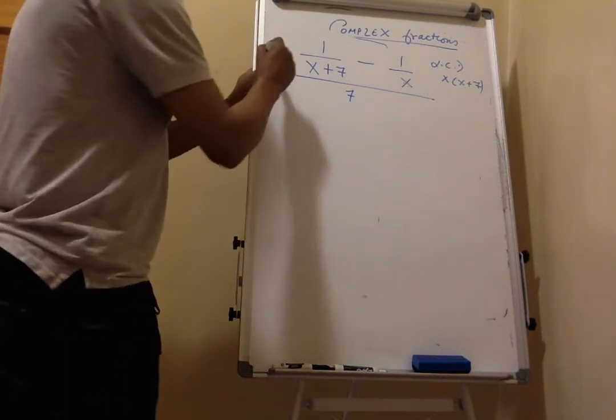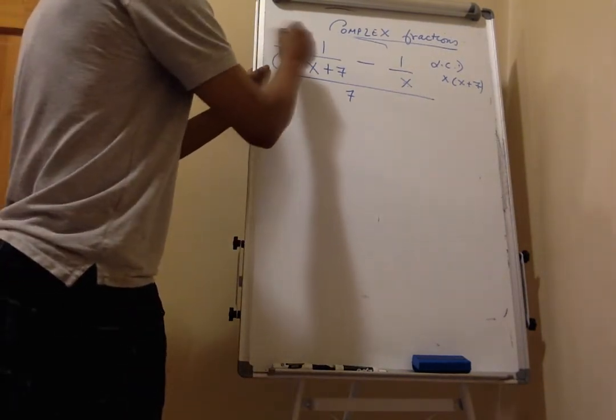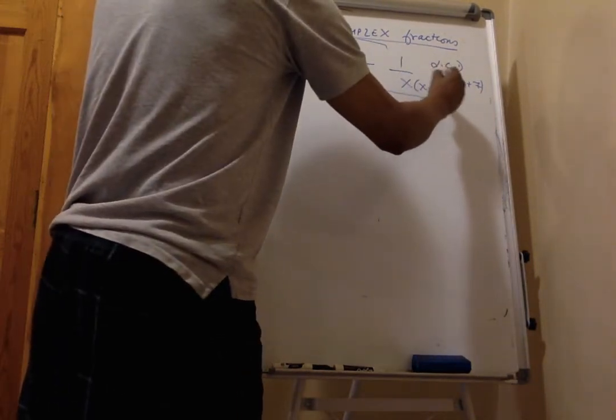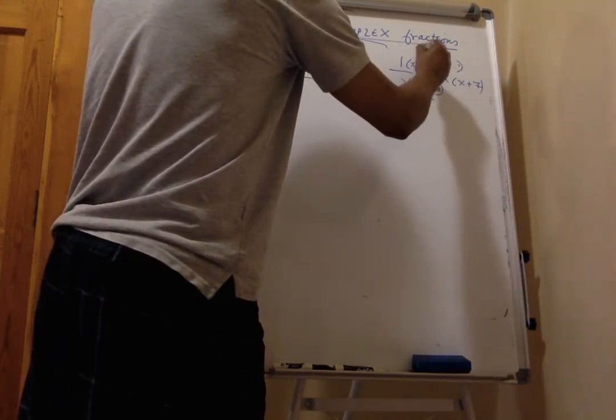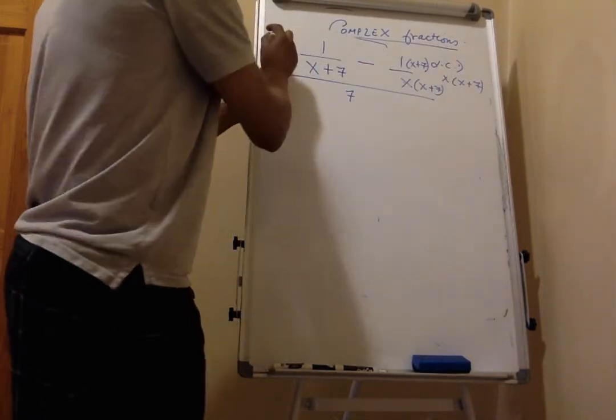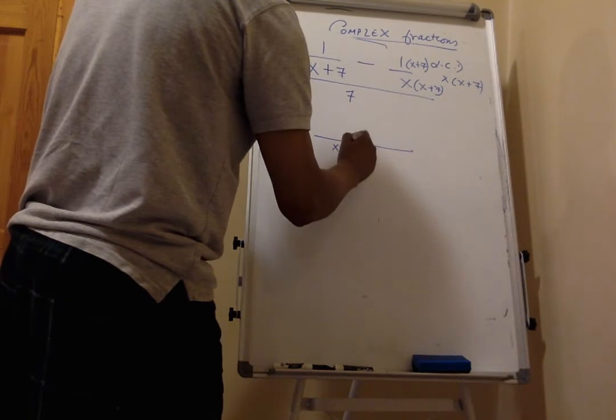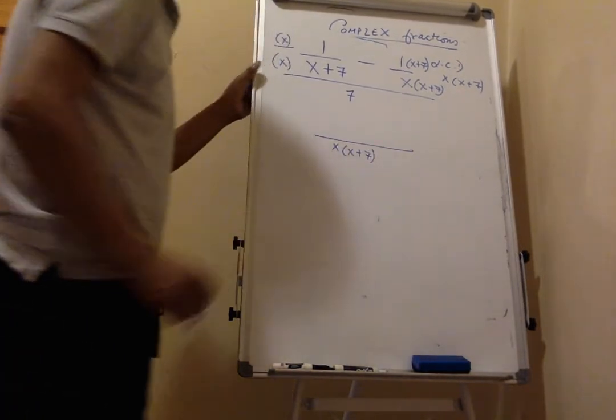So what you need to do is multiply this one by x, and this one by x plus 7, right? So you would end up with x times x plus 7, okay?